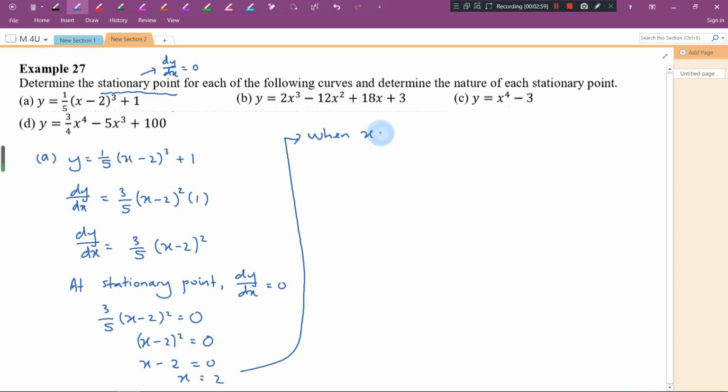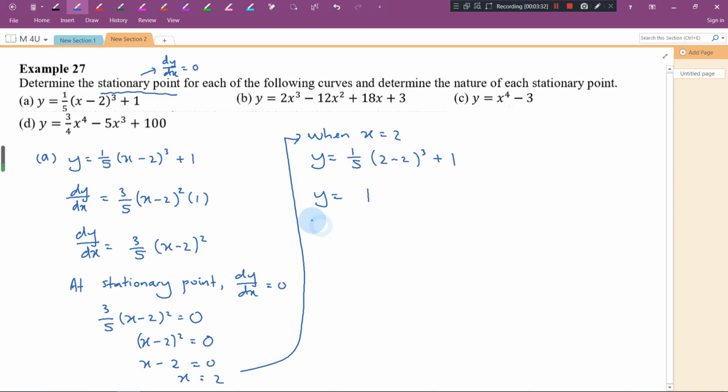So y is equal to 1/5 (2 - 2) raised to the power of 3, plus 1. 2 minus 2 you will get 0, 0 raised to the power of 3 is still 0, times 1/5 you will get 0, and eventually you will get 1.